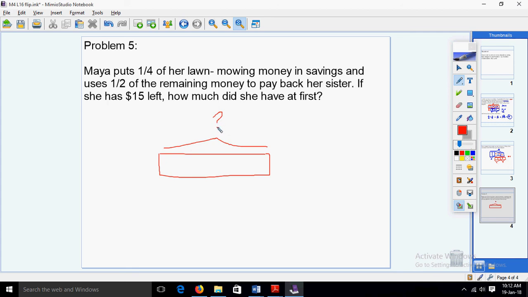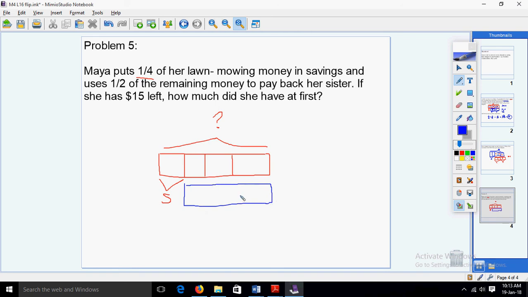Okay, so she puts 1/4. So we're in fourths. I'm going to go ahead and show fourths. 1, 2, 3, 4. All right, now I'm going to show that 1/4 of it went into savings. All right, we'll label that as S. Okay, then we're going to come down again here to show half of the remaining.